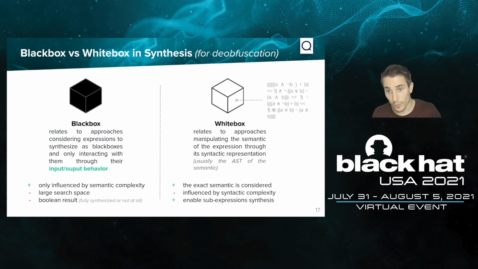And on the other hand, when we refer to the white box aspects, it works for symbolic execution, fuzzing, and things like this. White box is manipulating the semantic of the expressions through its syntactic representation, which is usually the IR. And in our context, it means that you are going to manipulate the AST itself and the expressions, the operators that are being used, and so on.